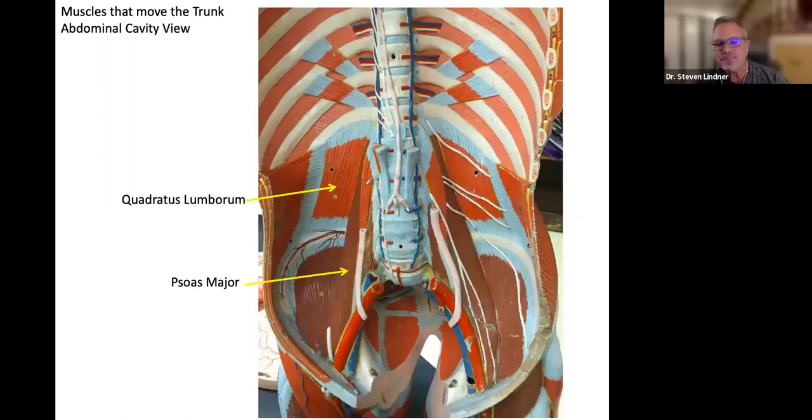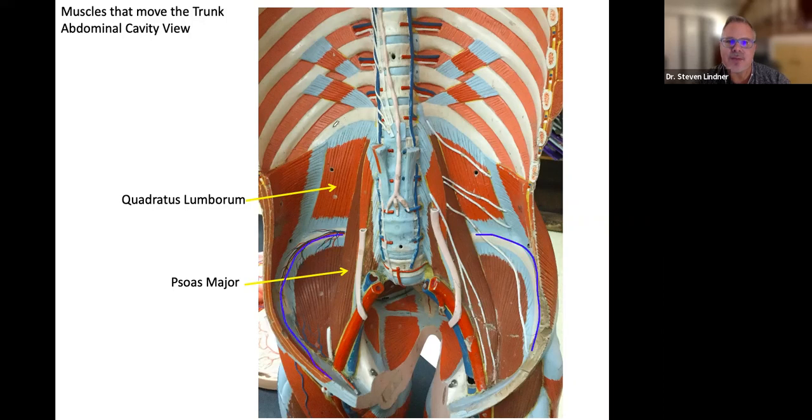Important muscle. When we look at the trunk, if we take the abdominal wall and remove it and look deep, here's the spine. Here's L5, L4, L3. Here's the iliac crest.